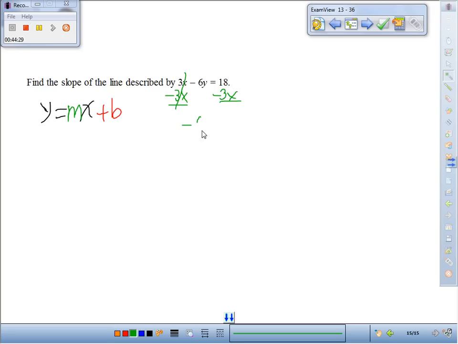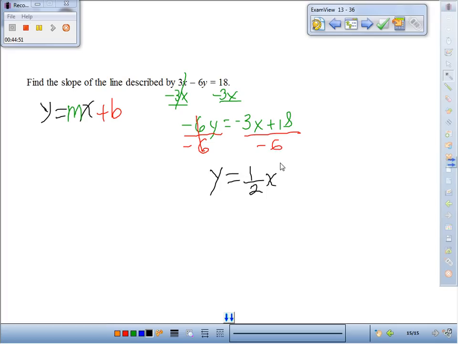We're left with -6y equals -3x plus 18. And our last step: divide by -6. And we're left with y equals. What is -3 divided by -6? 1/2 x.